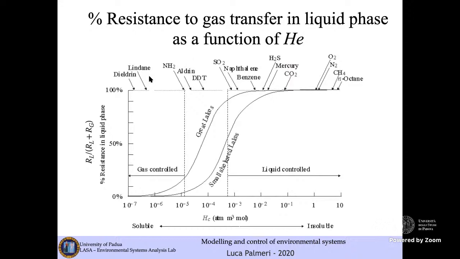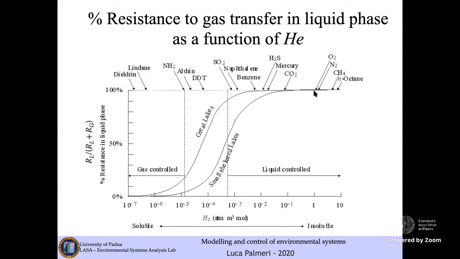These are pesticides, essentially, or DDT, or we go up to polycyclic aromatic hydrocarbons, methane, octane, and so on, but also some other elements like gaseous nitrogen and oxygen may be found in this table.